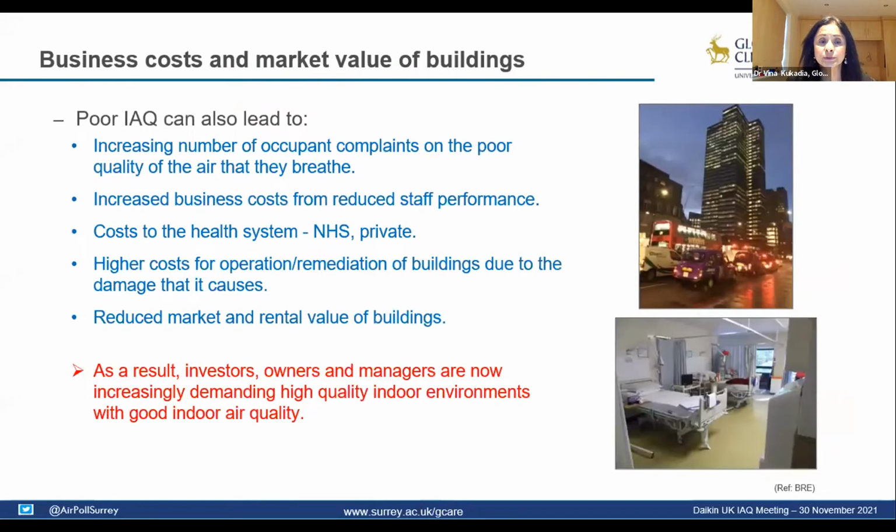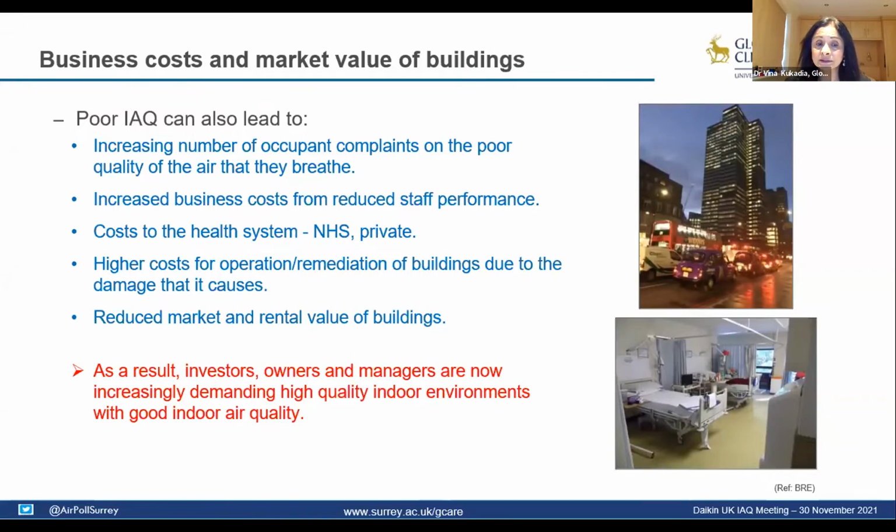It can also lead to an increasing number of occupant complaints, which is happening more and more as people become more aware of their indoor environment, increased business costs from reduced staff performance, high cost to the health system, higher costs for operation and remediation of buildings due to the damage it causes, and reduced market and rental value of buildings.